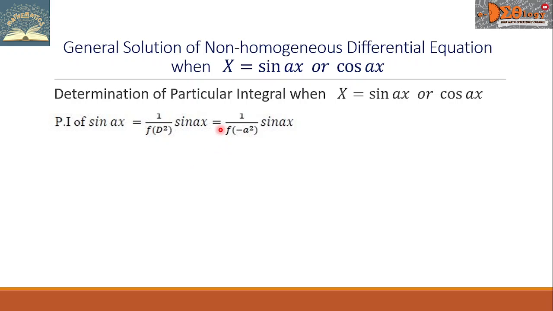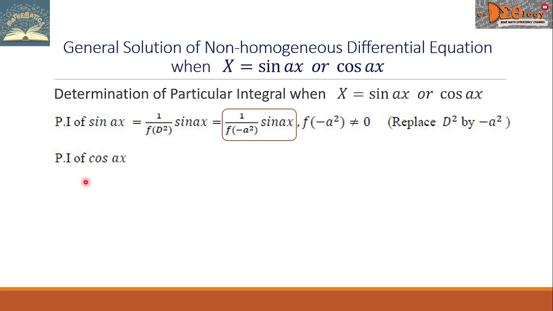After that, we're going to have 1 over f of negative a squared times sine AX, which means we're going to replace d squared by the negative of a squared. This is now the PI of sine AX, provided that the denominator is not equal to 0.